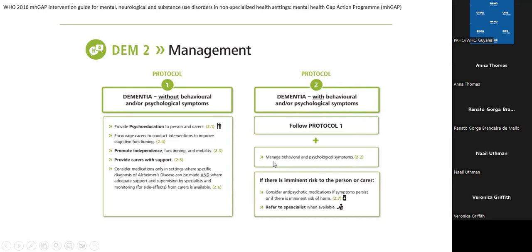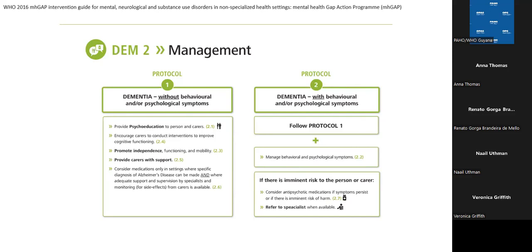There are several behavioral and psychological symptoms control toolkits for caregivers. You can easily find them on the internet, and you can provide this guidance for caregivers.